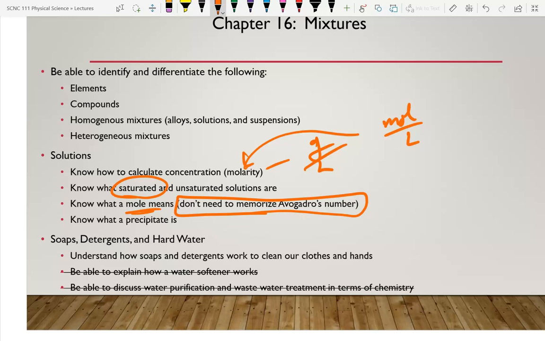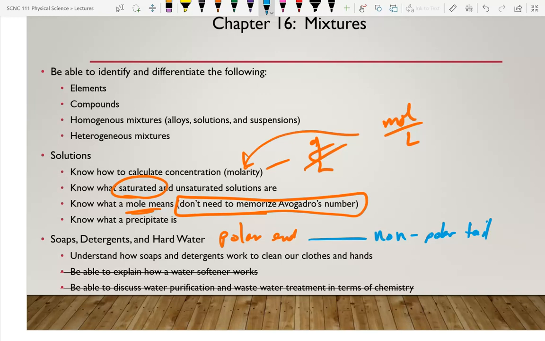Soaps and detergents, all we need to know here is that the soaps and detergents have a polar end, and then they have a nonpolar tail. The polar end is attracted to a polar molecule, i.e. water, because we wash our clothes in water. We wash our hands in water.